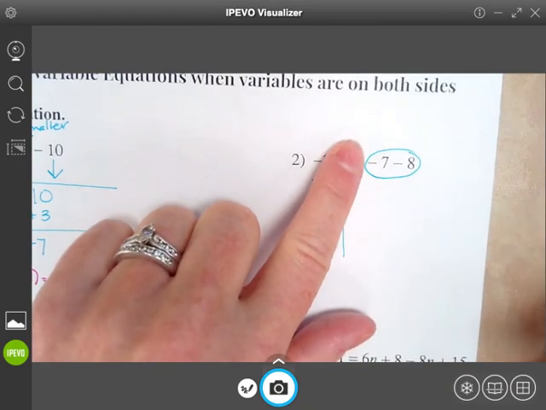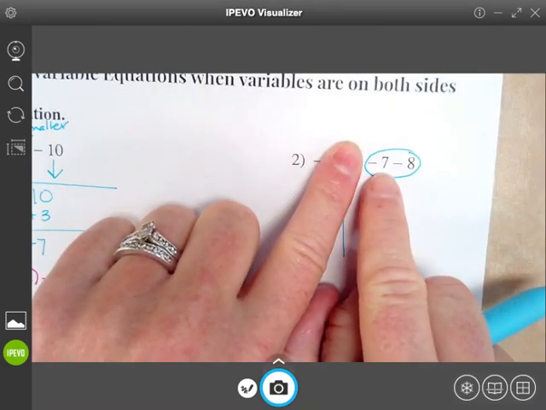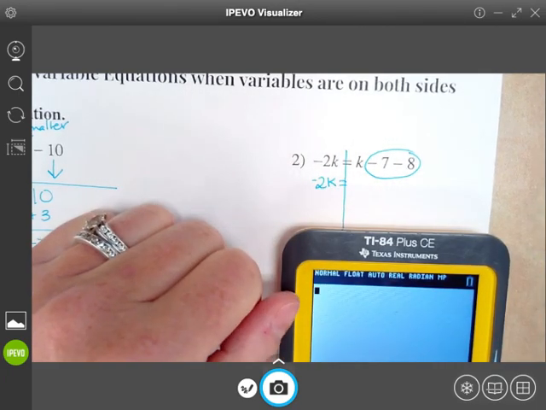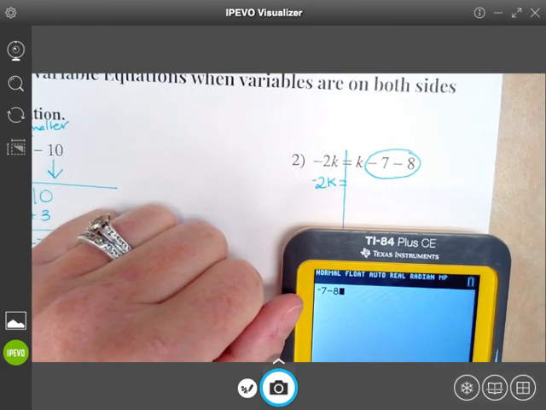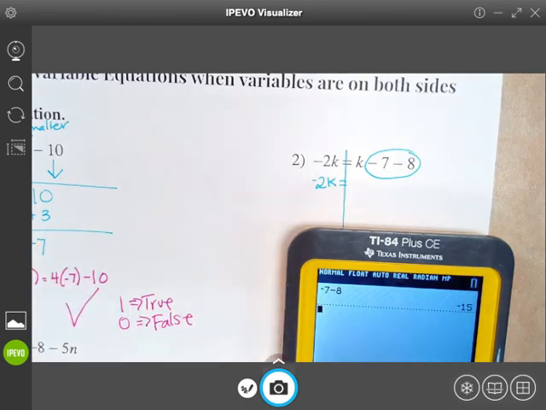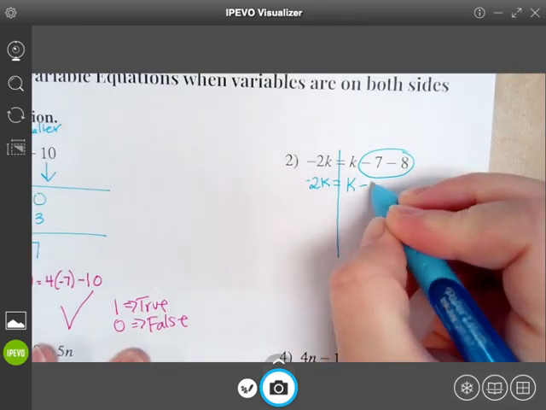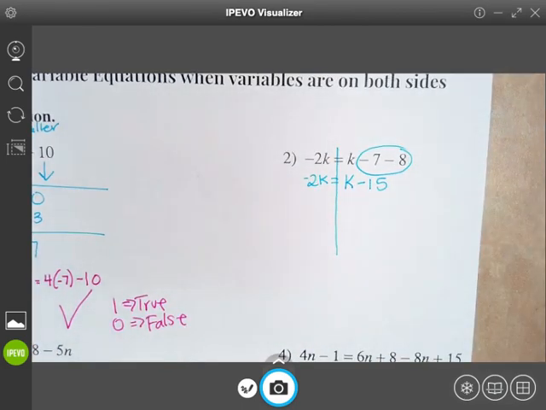If I ignore that k, then that's a -7 minus 8. So if I don't know how to do that, I'm just going to use my calculator. -7 minus 8. -15. So I'm going to do k minus 15. Don't add an extra minus or an extra negative. It's just k minus 15, period.